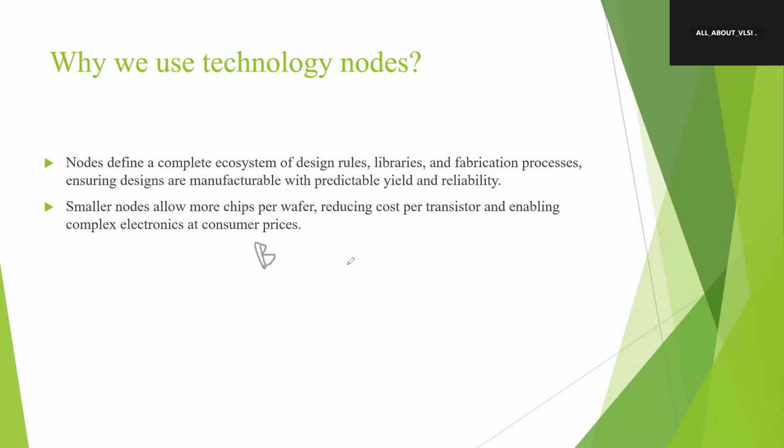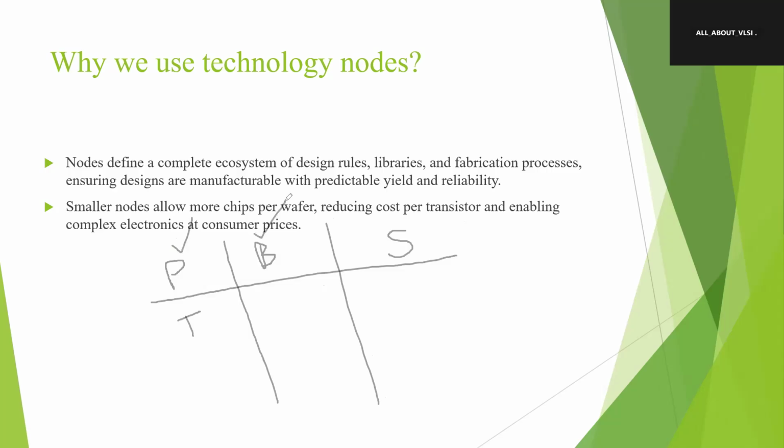So this one is considered bigger node and smaller node. These are the properties. First one is properties: bigger node and smaller node.